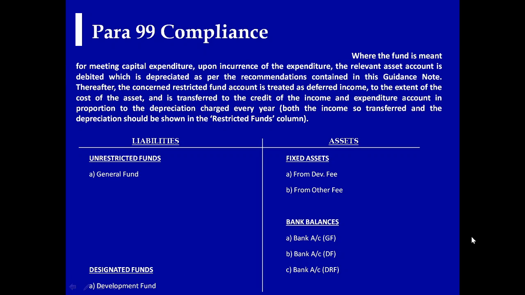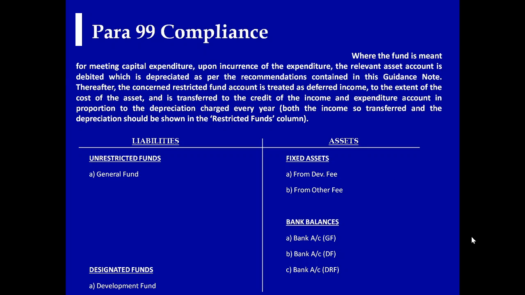Then it says upon incurrence of the expenditure, the relevant asset account is debited. So when it says that the relevant asset account, it is basically talking about the fixed asset schedule for the development fees asset. So whenever you're going to purchase an asset, you're going to debit that part of the balance sheet.